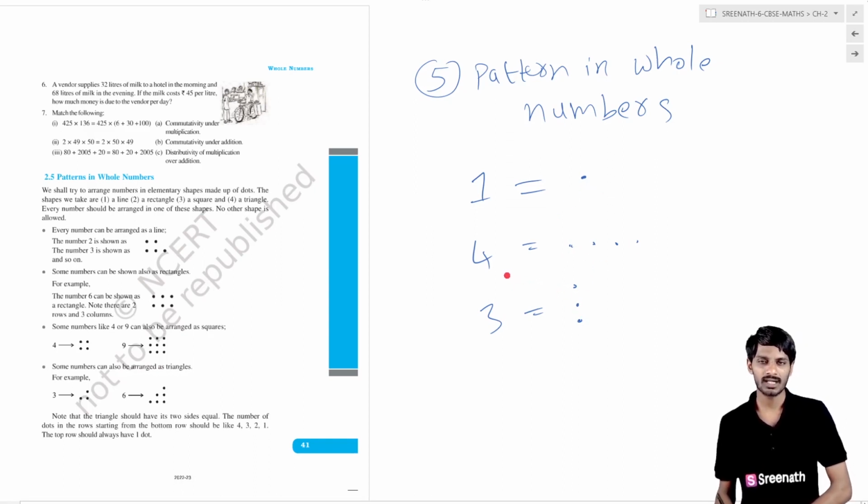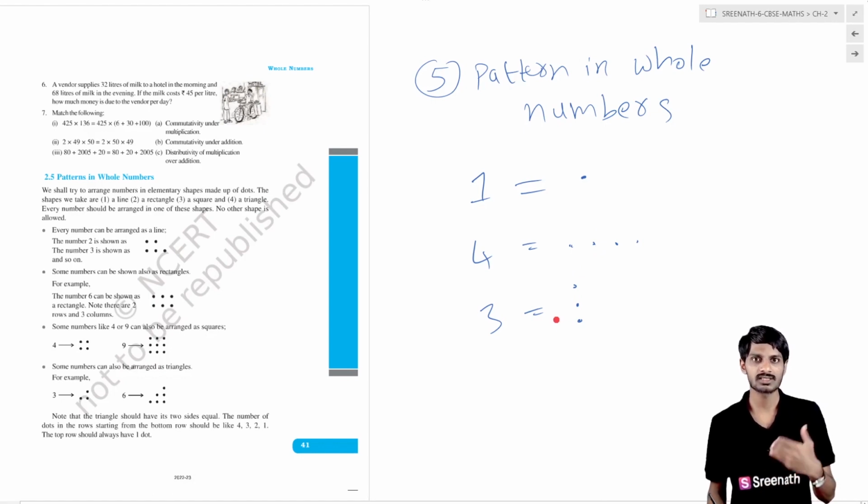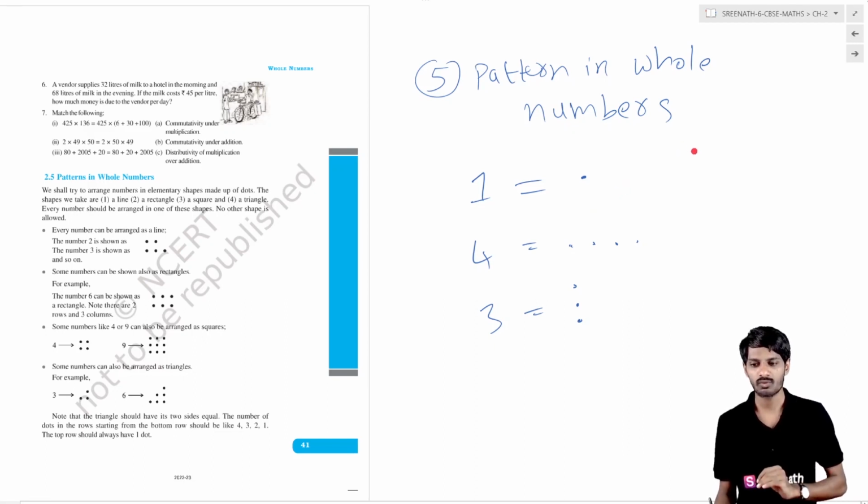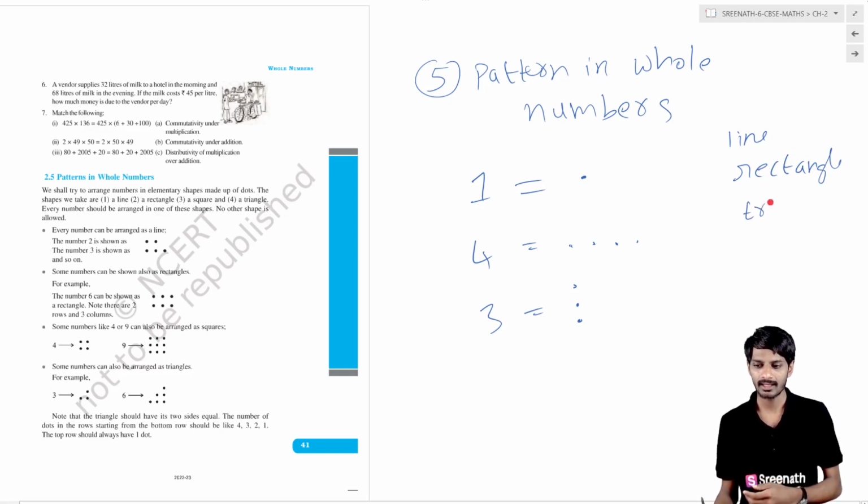And we have to arrange all these dots in different shapes, but you have to arrange them in only 4 shapes. What are those 4 shapes? You can arrange the dots in a line, in a rectangle, in a triangle, or in a square.